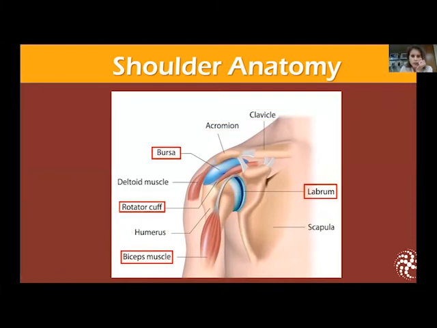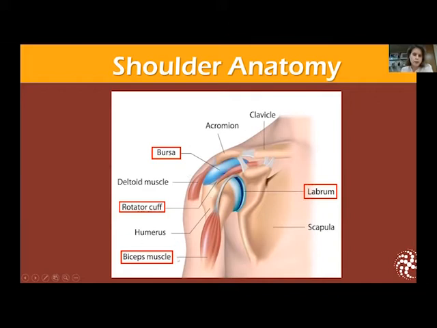Then the soft tissues we will generally talk about in the office, or that I look at when you come to see me for shoulder pain, are the bursa, which is a little fluid-filled sac that lives over the rotator cuff right underneath the acromion. The rotator cuff, which I'll get into in just a second, is comprised of 4 muscles that originate on the shoulder blade and attach on top of the humerus.